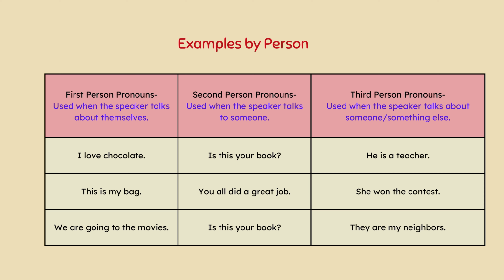Examples: Is this your book? You all did a great job. Third-person pronouns are used when the speaker talks about someone or something else. Examples: He is a teacher. She won the contest. They are my neighbors. These changes help us speak clearly and avoid repeating names again and again.